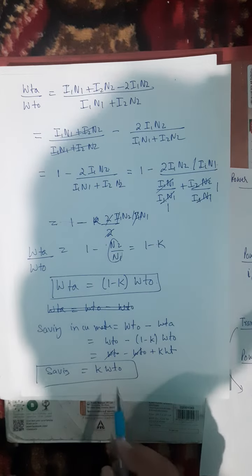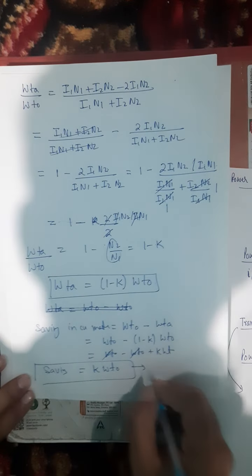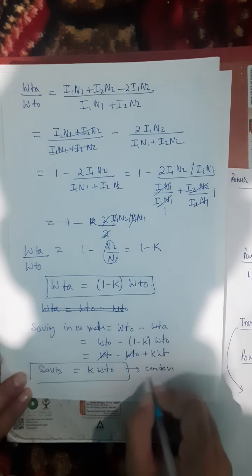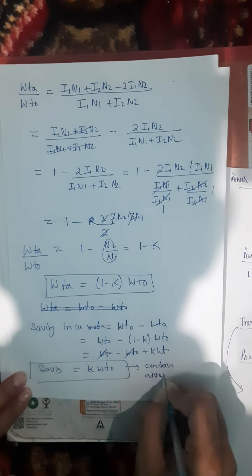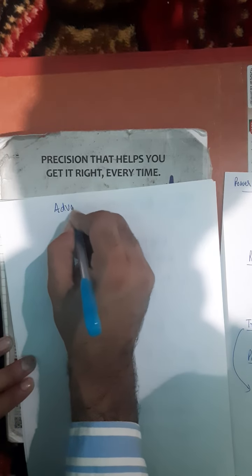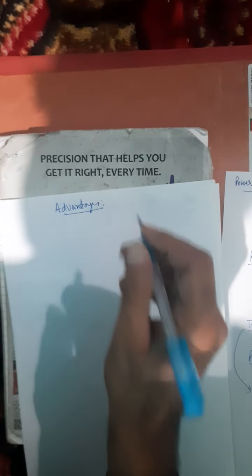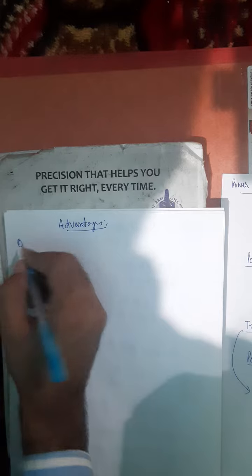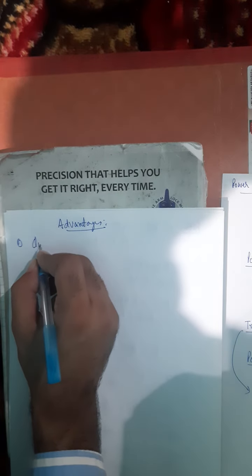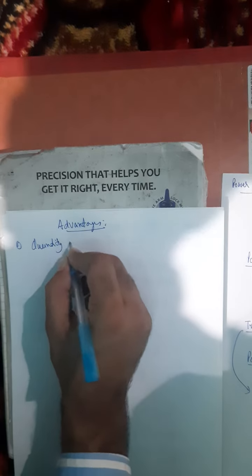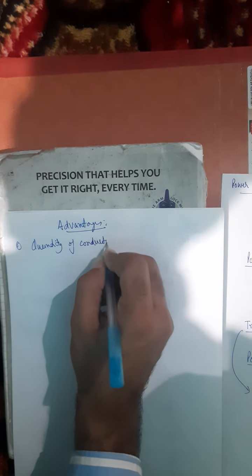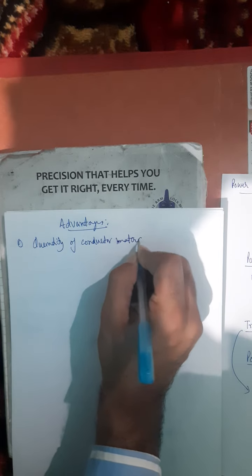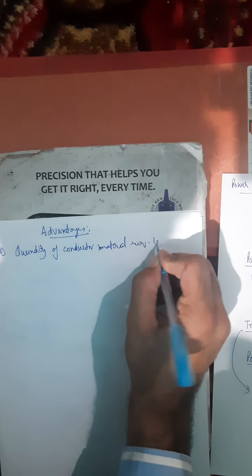Since you have saved the copper, it has certain advantages. Saving the copper material will give you certain advantages. What are the advantages? Advantages of the auto transformer over the two winding or ordinary transformer. Number one, the quantity of conductor material required is less.